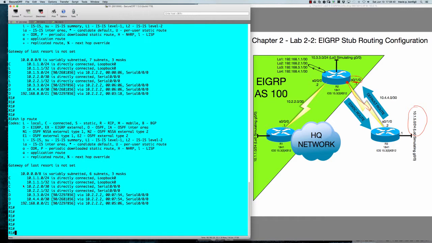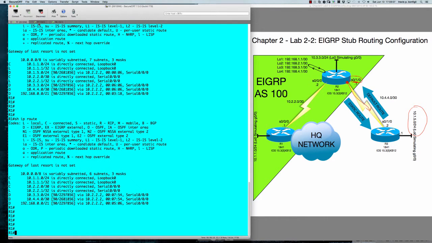So that's criteria number 1. The second criteria, which has to be met in addition to the first, is that it'll only happen if the destination network is included or would fall within the address range of a network statement.